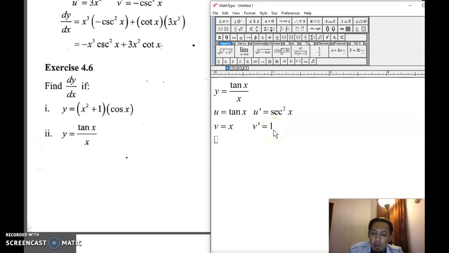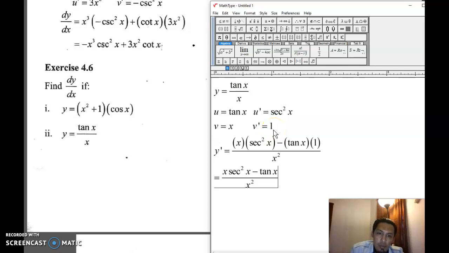After that, substitute everything in the quotient rule, so v u prime minus u v prime over v squared. As you can see, there's nothing much to do. Just substitute and multiply whichever you can, and this is the answer.